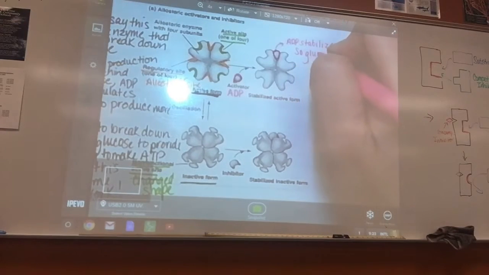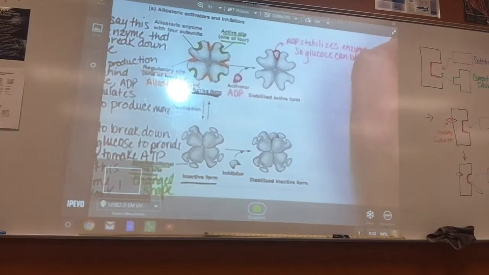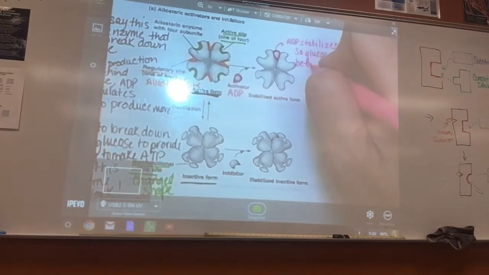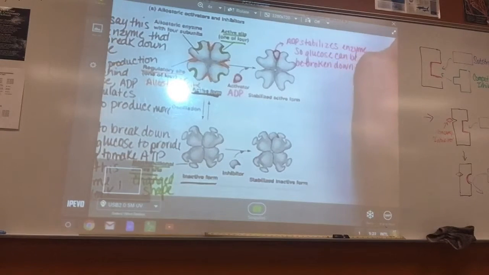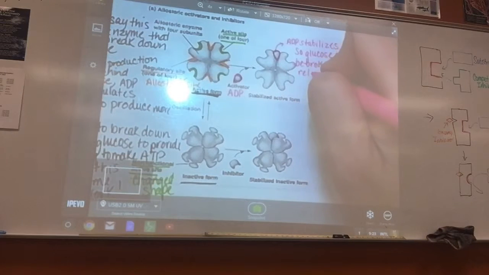So glucose can be broken down to release energy to make ATP.